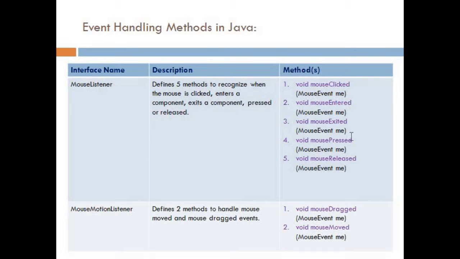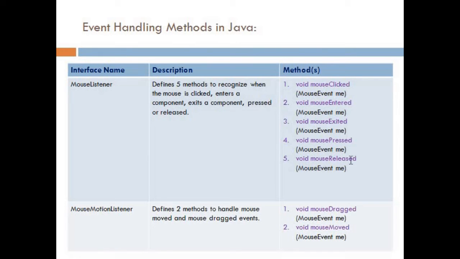Then there are methods such as void mouseEntered. This method shall get activated whenever the mouse enters a particular region. Then the mouseExited method. This method shall get executed whenever the mouse exits a particular region or area. The void mousePressed method gets executed whenever a particular mouse button is pressed.